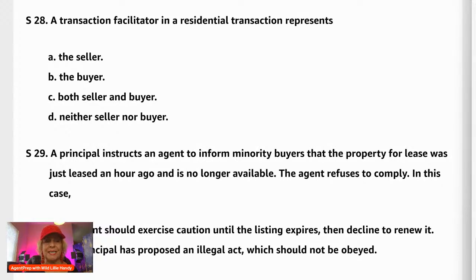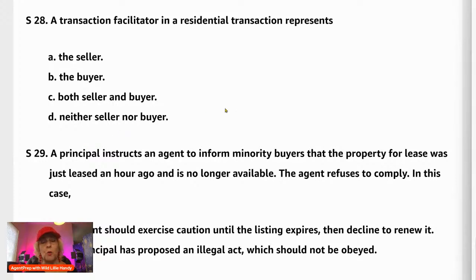So what do facilitators do? No, it is not C. Keywords, facilitator. A transaction facilitator in a residential transaction represents whom?